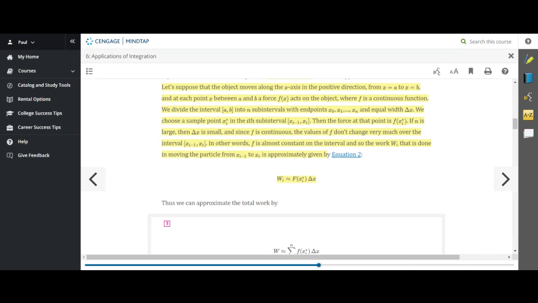Hold on here. Let me just show the whiteboard real quick. Okay, so here's x sub i minus 1. Here's x sub i.